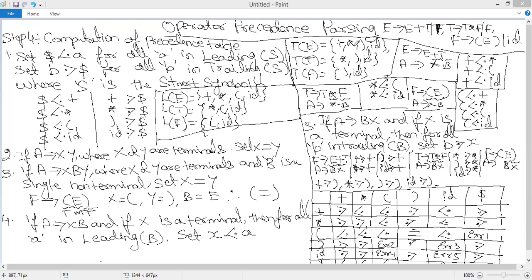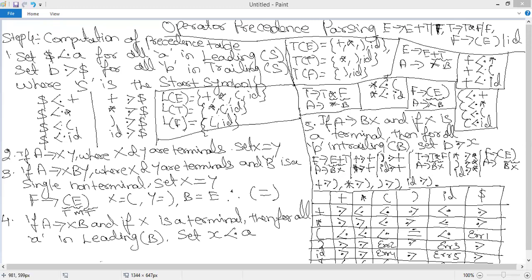Trailing of E is plus, star, close parenthesis, ID. The relationship is greater than, and what is X? Close parenthesis.